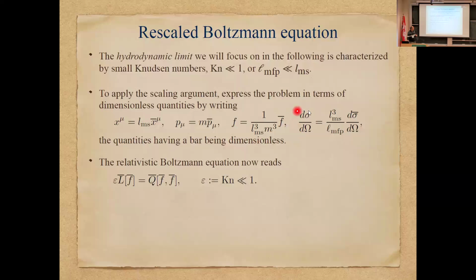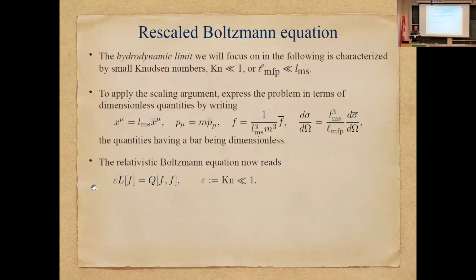And then the differential cross section has the dimensions of L squared, but it should go like 1 over the mean free path, so you rescale it this way. If you do all this, you get what is called the rescaled Boltzmann equation. All these quantities with a bar are now written in terms of dimensionless coordinates, and what you get in front is epsilon, which is the Knudsen number.